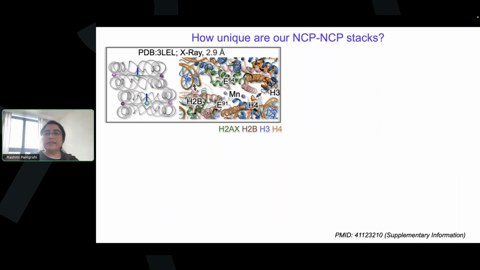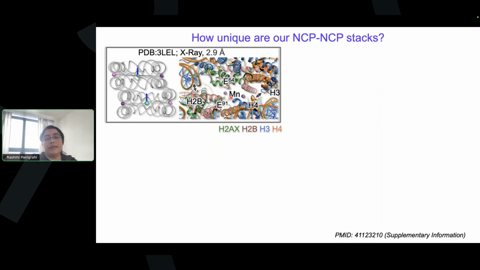Here are some interesting cases out of the 29. In the essence of time, I've limited it to just 2 important cases. This is a crystallographically obtained structure of a mononucleosome, and this NCP-NCP pack was determined by two-fold symmetry operation.